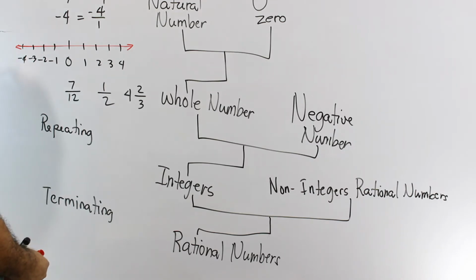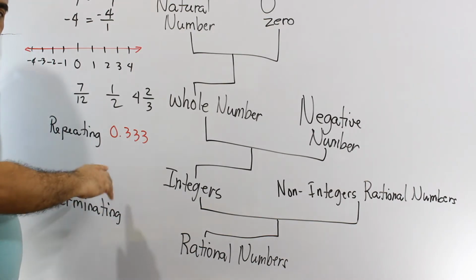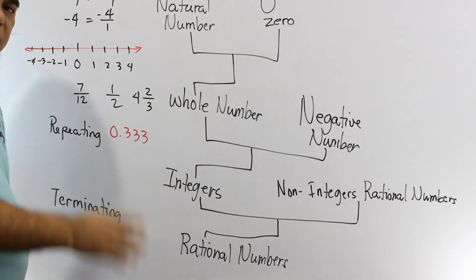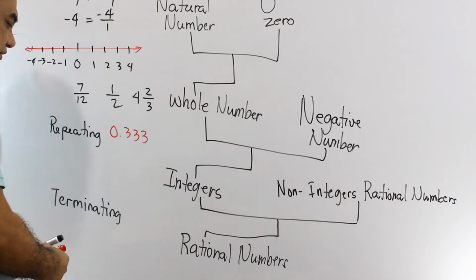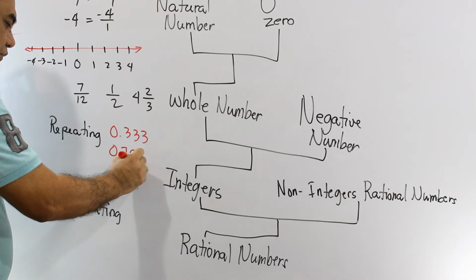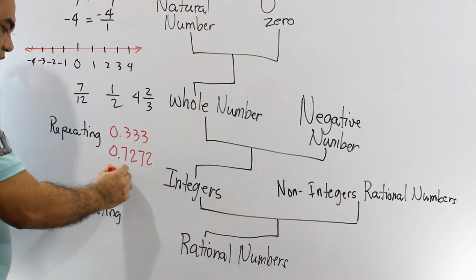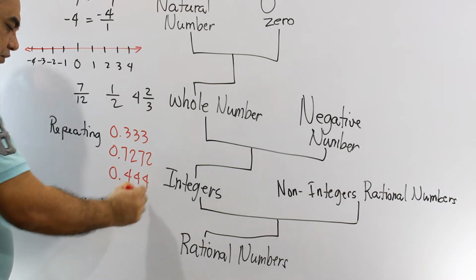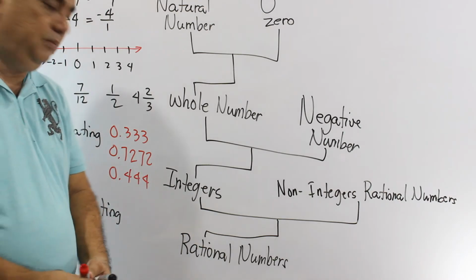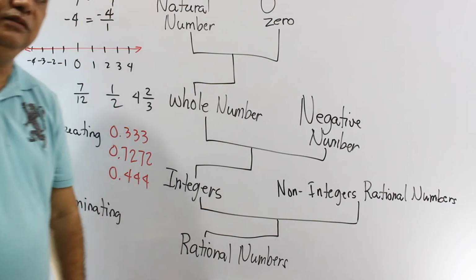For example, we have decimals like 0.3333, where the number 3 repeats infinitely. Another example is 0.7272 and so on. Another one is 0.444. Most of the time we put a bar above the numbers, telling that this number repeats continuously.